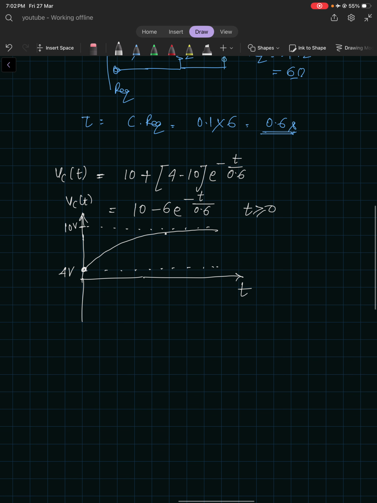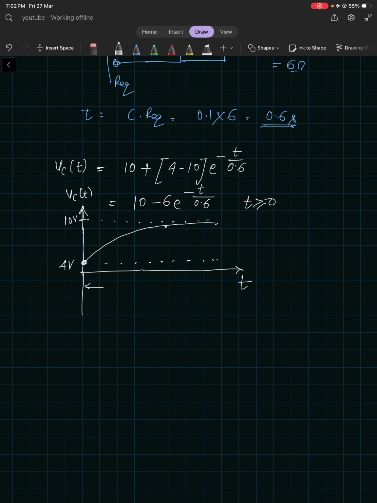And again, what is more important is the time of transient. The time of transient is like 5 into tau, right? If somebody asks you what is the transient time here, it is approximately either 4 tau or 5 tau. Maybe in the question they will give you 98% or 99% or some value, right?